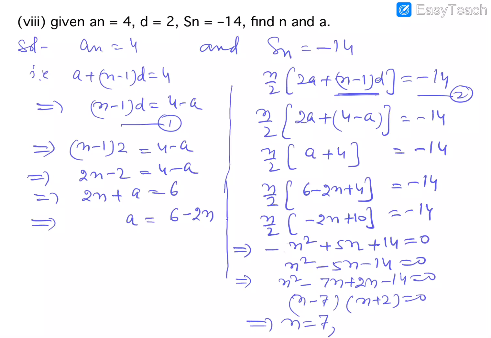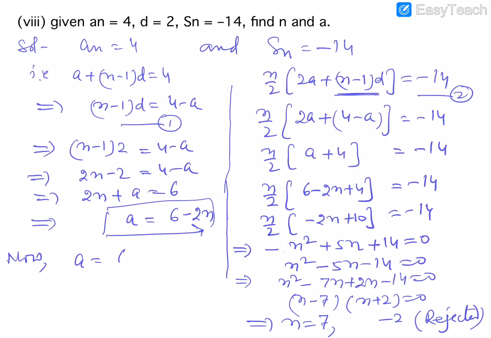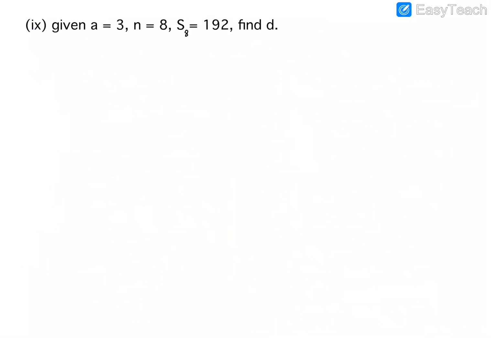This gives n is equal to 7 and minus 2, which will be rejected. Thus, there are 7 terms in this AP. So, n is equal to 7 is the answer. Now, from this, we can calculate the value of a as 6 minus 2 into 7, 6 minus 14, minus 8. The value of a is minus 8.